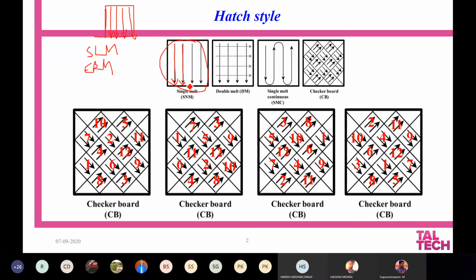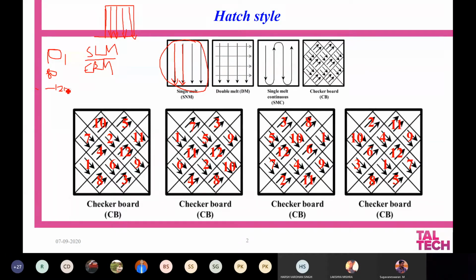You have to have multiple melting sequences within the layer because the energy source, whatever you are going to use, has a limited area. For instance, if you are using a laser in a selective laser melting process, the focal distance of the laser is approximately 80 to 120 micrometer.